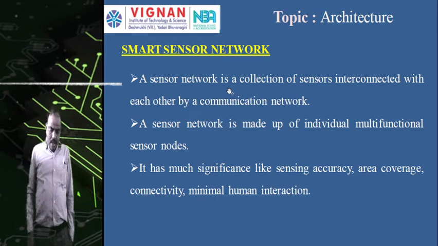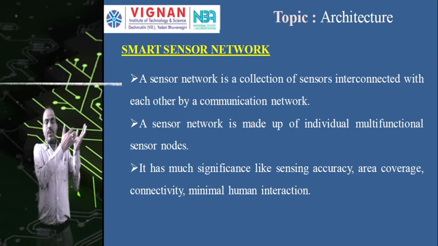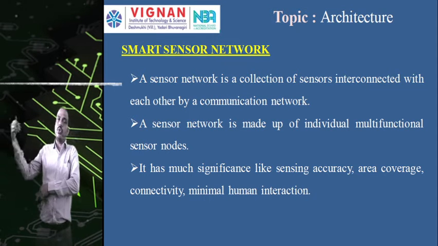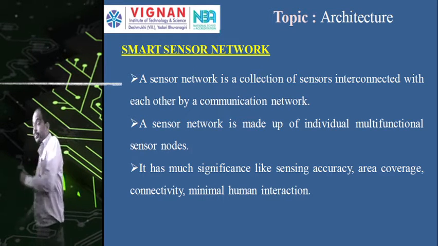So now what is a smart sensor network? As I have discussed, whatever information is carried or measured by the sensors should be sent to the outside world through some network. So what type of network are we using?